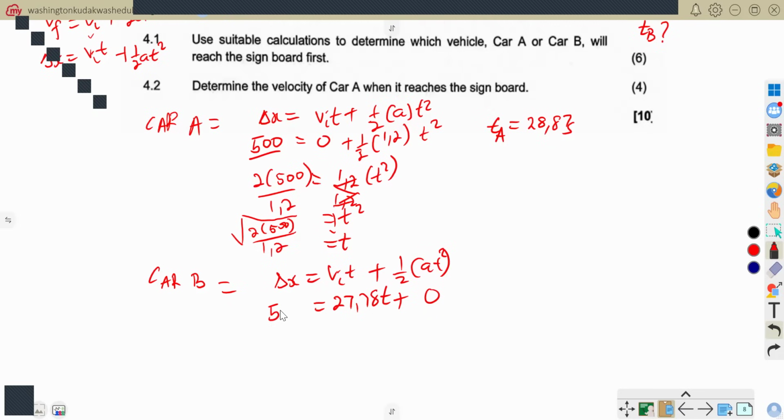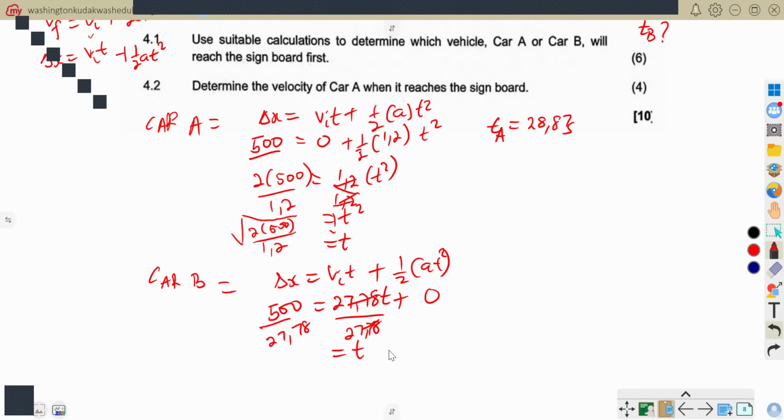On the other side I'll have 500. Now I just divide by 27.78 on both sides, so this one will cancel out. You'll be left with time being equal to 500 divided by that.